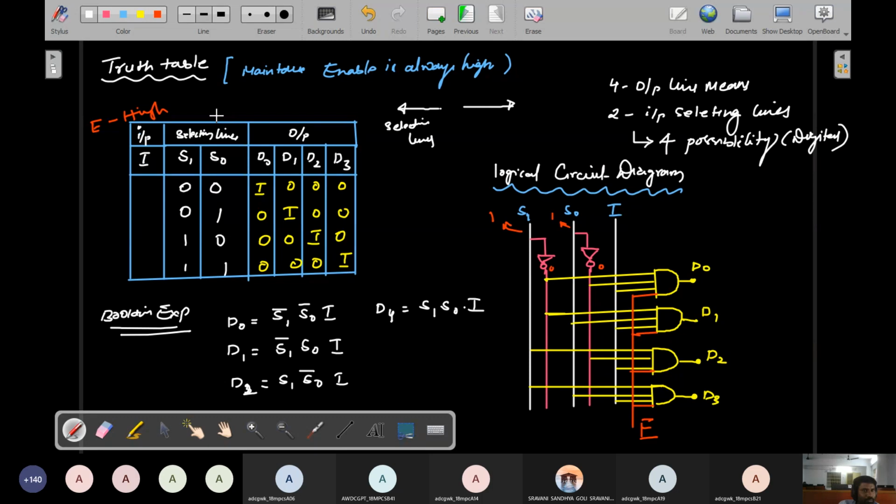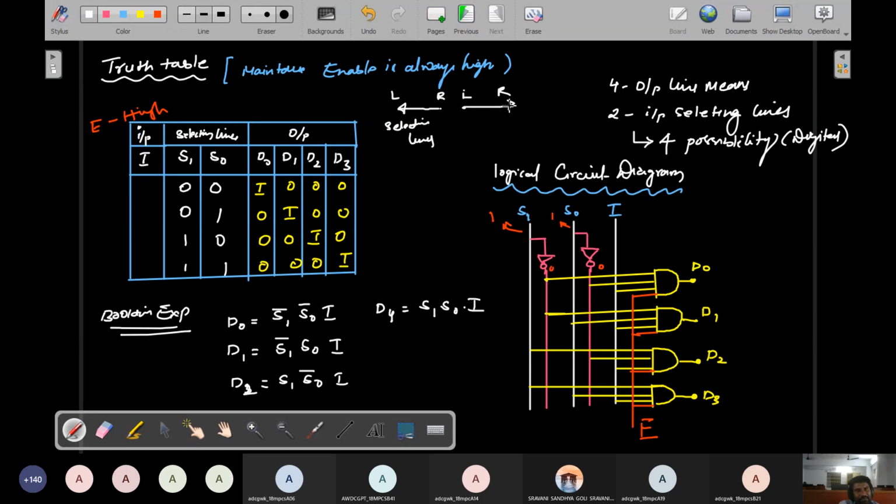In this direction you will move. You will start with S0 here: S0, S1, S2, S3, S4. So the selecting inputs are always taken from left to right, sorry, right to left. And the data inputs are always represented from left to right.